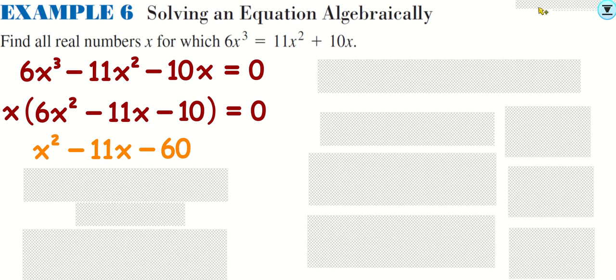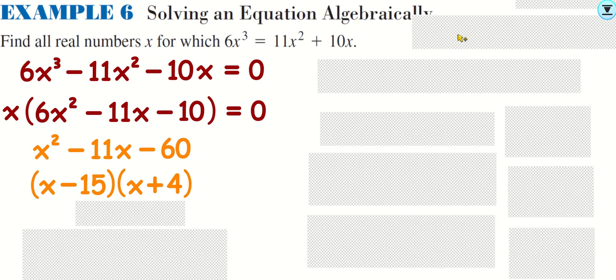But I am very much, in these situations, I always do something called the Phoenix method. This is the Phoenix method, where you multiply the 6 to the other end, and then you can do some basic unfoil: what two numbers multiply to make negative 60, but also add up to negative 11?